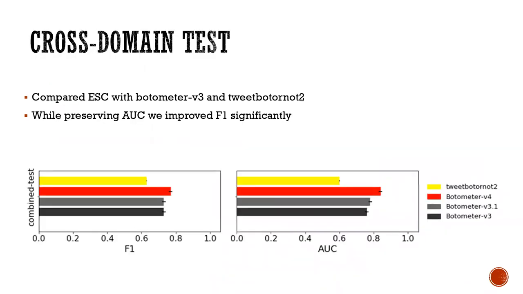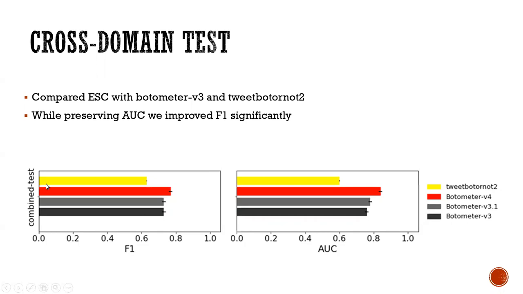We tested ESC and compared ESC with BOTOMETER version 3 and TweetBot 2, and another famous bot detection tool that is publicly available. We also included BOTOMETER version 3.1, which actually uses the same method as BOTOMETER version 3, but with a revisited set of features. We tested on 6 left-out data sets.